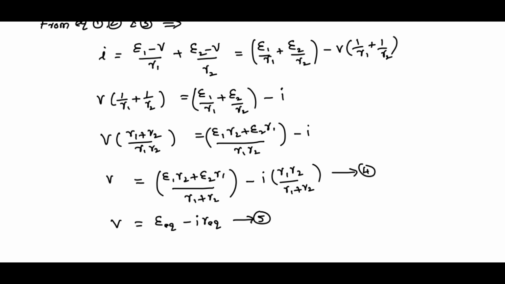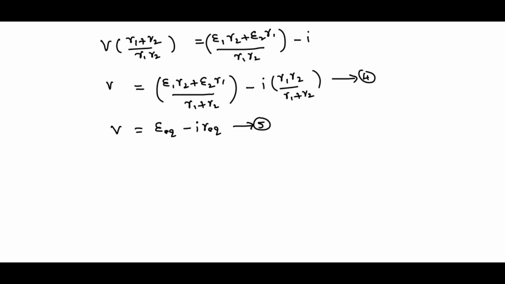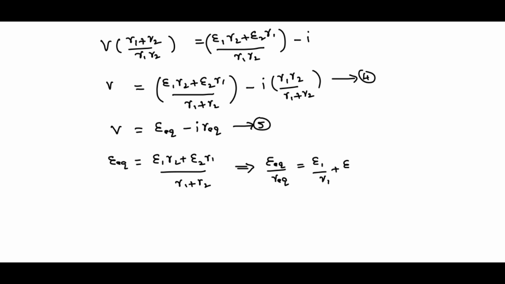By comparing equation number 4 and 5, we will get E equivalent is equal to E1 R2 plus E2 R1 divided by R1 plus R2, which can also be written as E equivalent divided by R equivalent is equal to E1 by R1 plus E2 by R2.